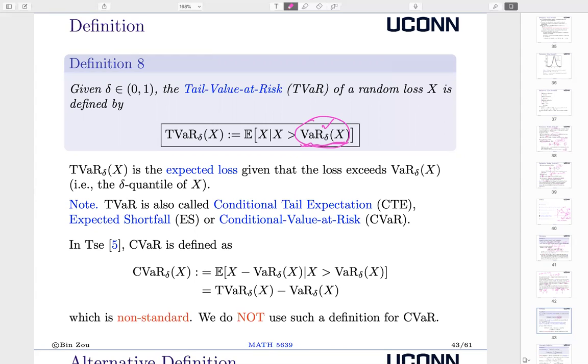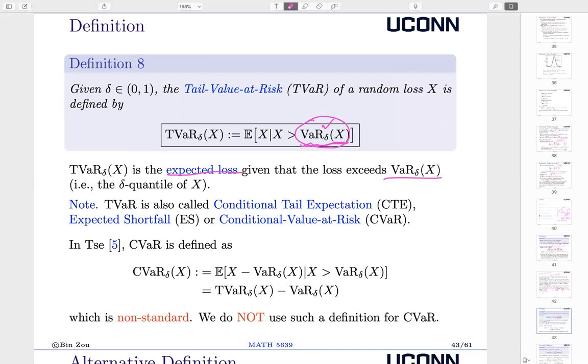We don't want to consider different deltas. We just want to pick a delta, and I want the measure to return me a number, okay, instead of a vector. I don't want vectors. So here, what we can tell is TVaR is actually the expected loss given that the loss exceeds this quantile.